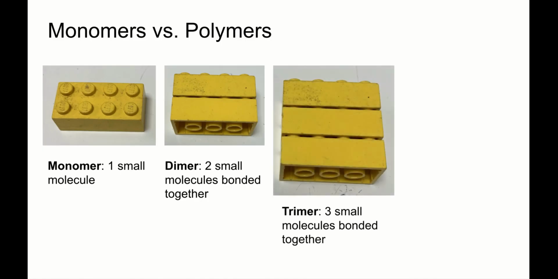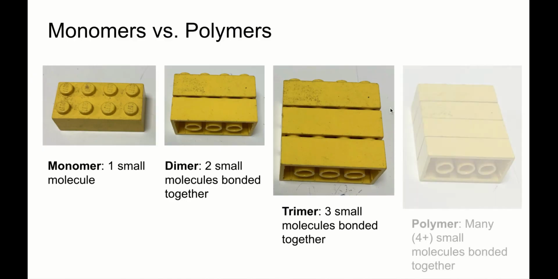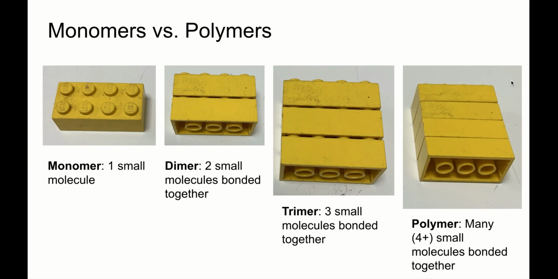So we have 1 molecule, monomer. 2 molecules is a dimer. 3 molecules bonded together. Think to yourself what prefix means 3. Tri, like a tricycle. This is a trimer. 3 small molecules bonded together. And then once we get to 4, now we call this a polymer. So many 4 or more small molecules bonded together. This is officially a polymer.